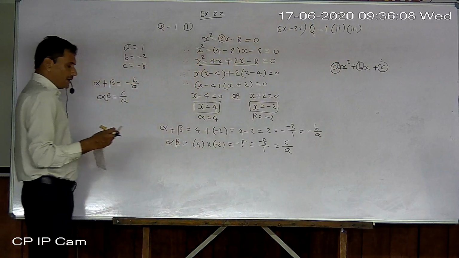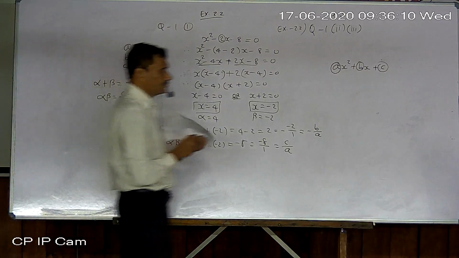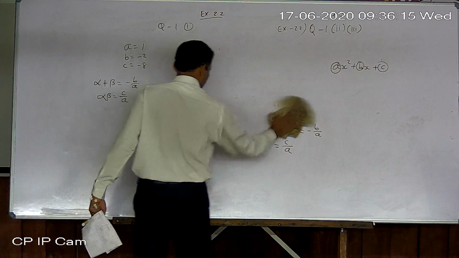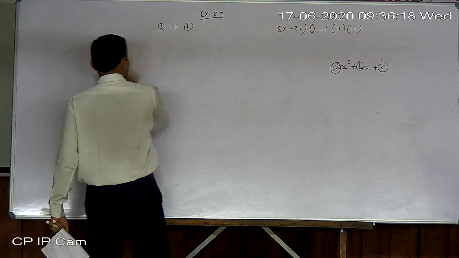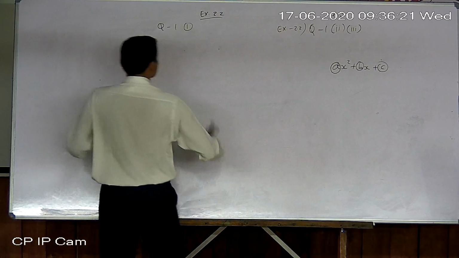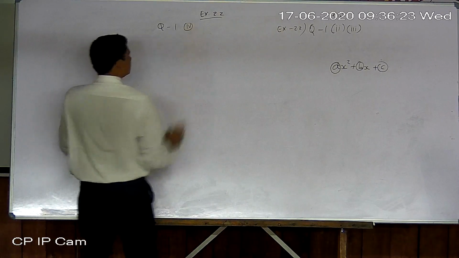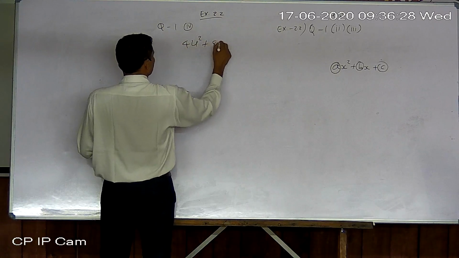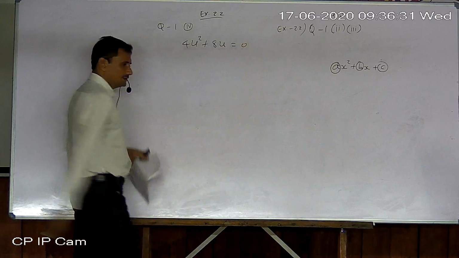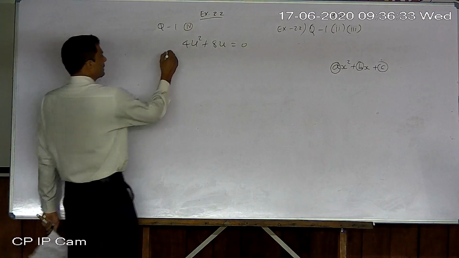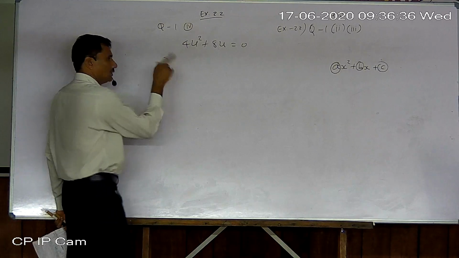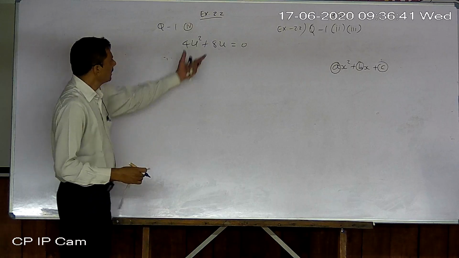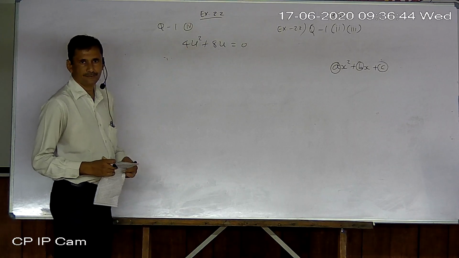Okay. Number 4. Now look at number 4 here: 4u square plus 8u. We are going to find zeros, so equate it with 0. Now it is quadratic but not a trinomial, so don't follow that method. By taking common only, you can find the value.